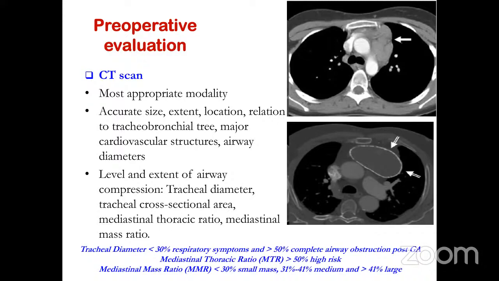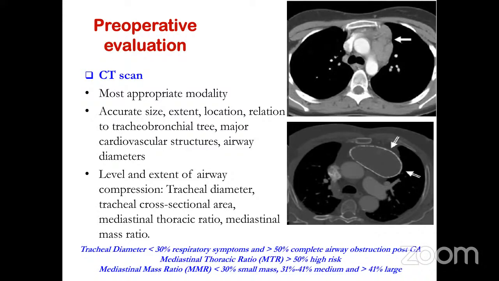And also we measure some other parameters like the mediastinal thoracic ratio and the mediastinal mass ratio. So these are the measurements wherein you measure the mass versus the thoracic diameter, or you measure the mass versus the mediastinal diameter. Based on this, it has been well established that patients who have a tracheal diameter compression due to the mediastinal mass of less than 30% have respiratory symptoms.